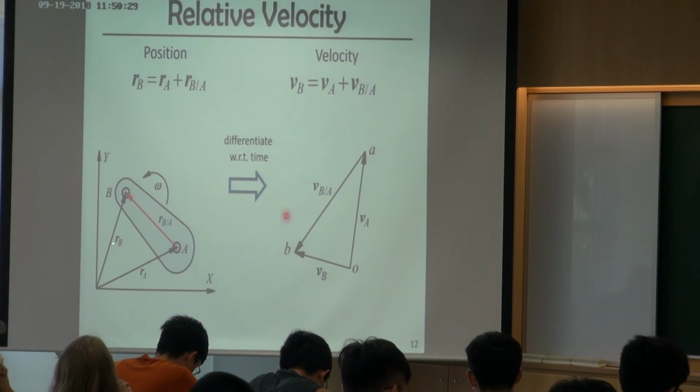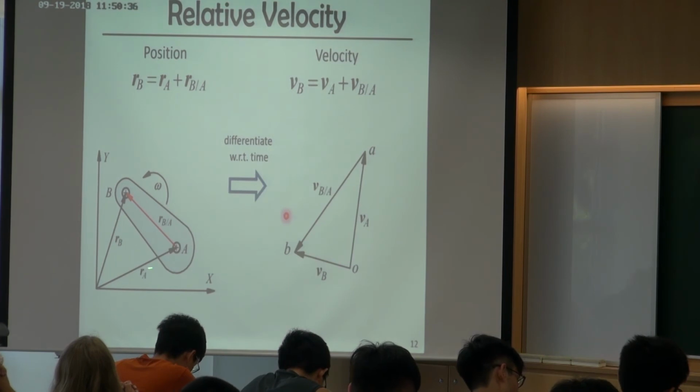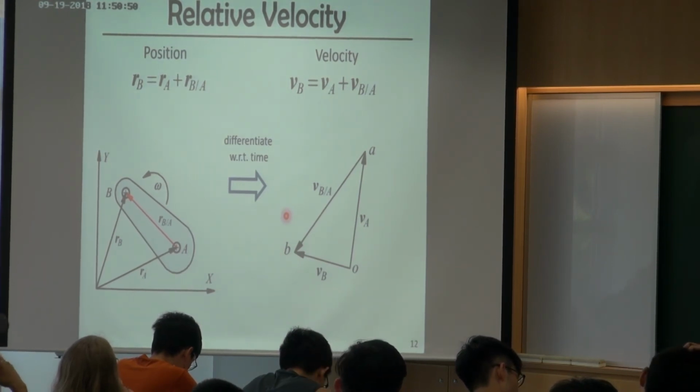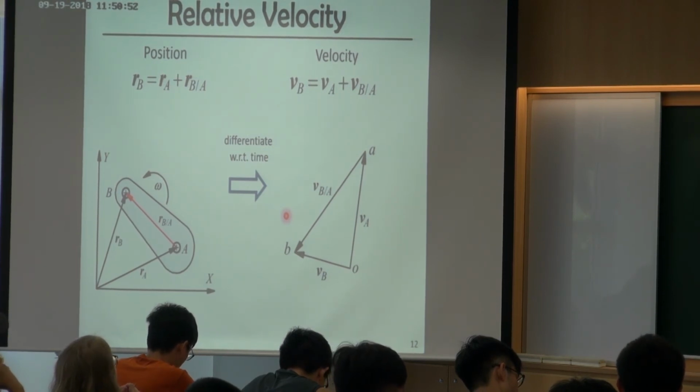And in the position, we can draw this triangle. RA, RBA, RB are going to form a triangle. And same as the velocity. Based on this equation, we know these three vectors are going to form a triangle or maybe a line. So VB equals VA plus VBA.